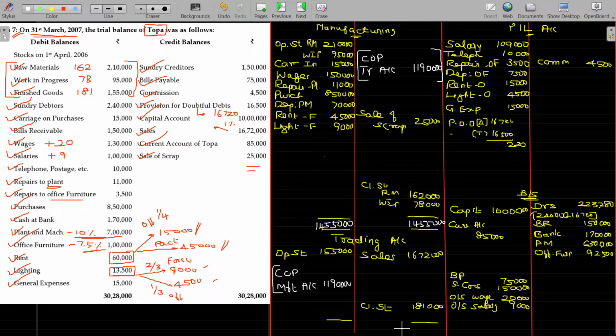Now on tallying the trading account, the balance being 18 lakhs 53,000. You get the GP. Here the GP being 5 lakhs 8,000. I transfer the GP to the P&L account, 5 lakhs 8,000.